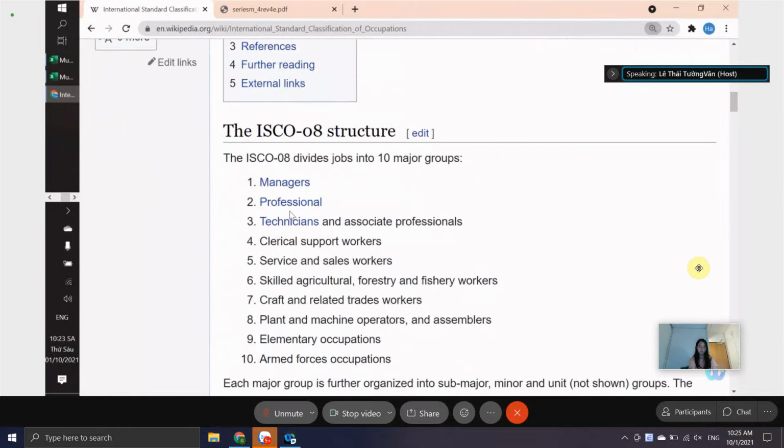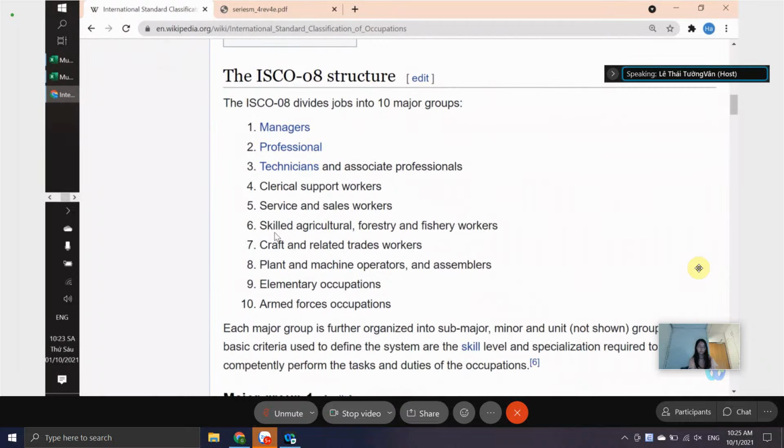You will see there are managers, professionals, technicians and associate professionals, clerical support workers, service and sales workers, skilled agricultural, forestry, and fishery workers, craft and related trade workers, plant and machine operators and assemblers, elementary occupations, and the armed forces occupations.